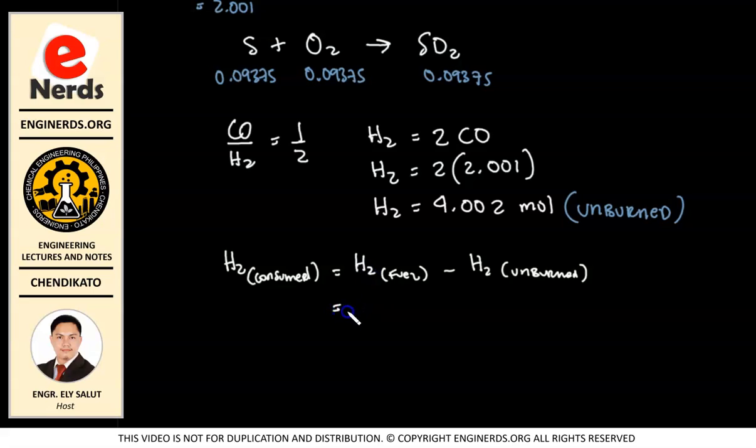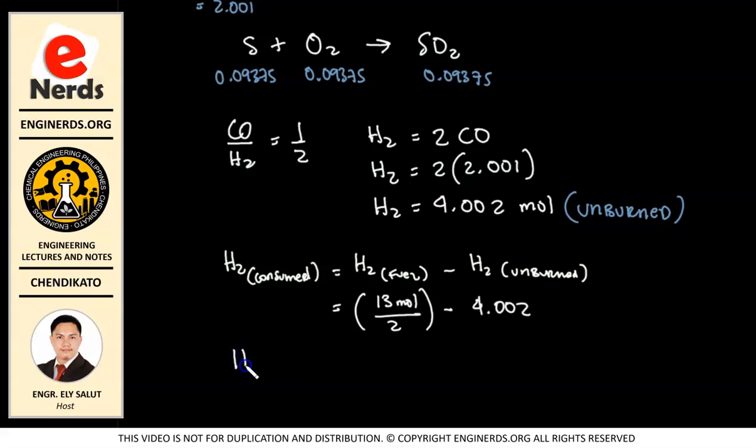So how much H2 do we have in fuel? We have 13 moles. But this is H, right? This is only one hydrogen atom, so we have to divide this by 2 to have H2, and then minus this unburned H2, which is 4.002.